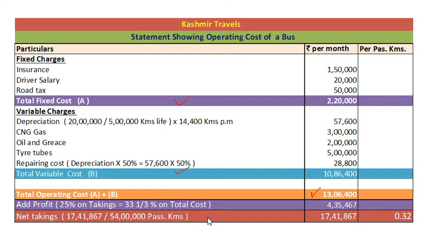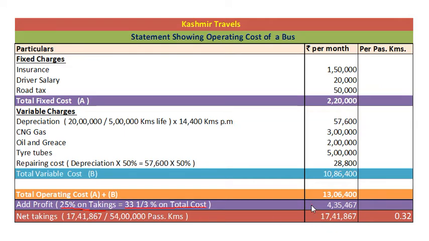Our total operating cost A plus B, that is fixed cost plus variable cost, amounts to rupees 13,06,400. Now company wants profit of 25% on takings, which is equal to 33 and 1/3% on total cost. Dear students, use your previous knowledge of costing paper 1. 25% on takings, that is 25% on sales, is equal to 33 and 1/3% on cost.